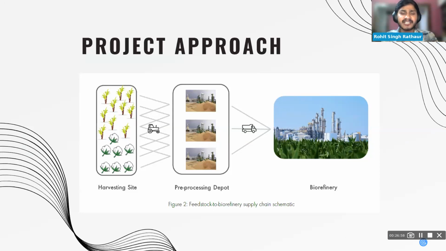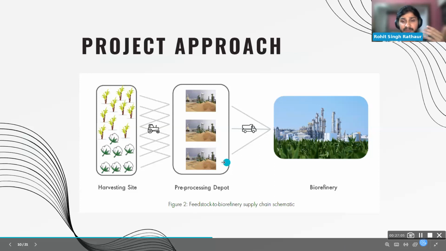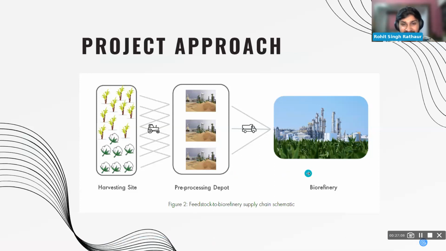Bales of biomass will be collected from these harvesting sites and transported to the pre-processing depots for densification and pelletization. Then the pellets will be transported from each of these depots to each biorefinery in quantities that cater to each biorefinery's demand.